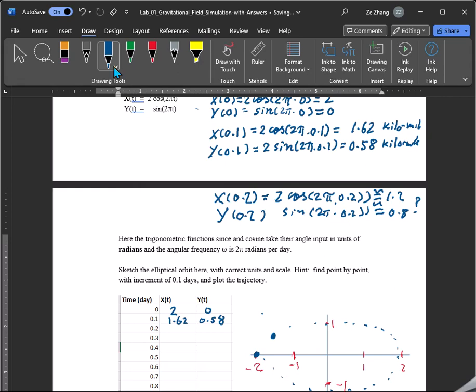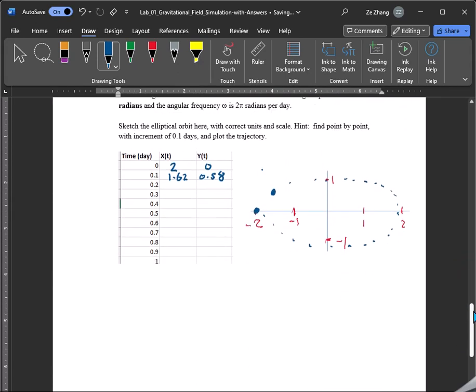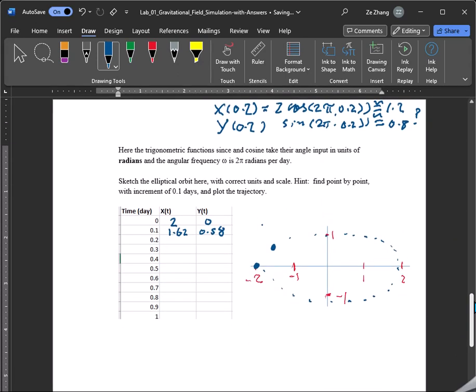So therefore you get another point and put it into the table.